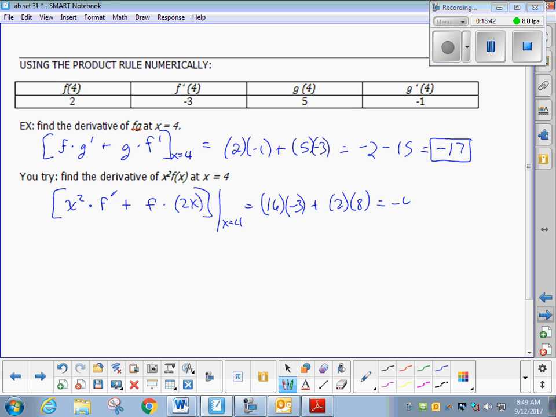You're getting something like negative 48 plus 16 for a total of negative 32. Questions? Feels like this is going okay, am I right?